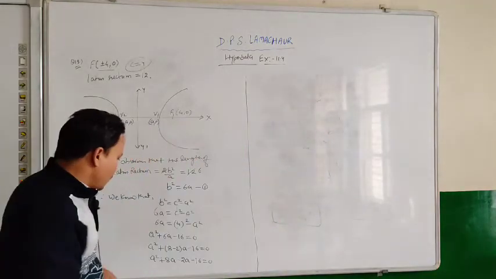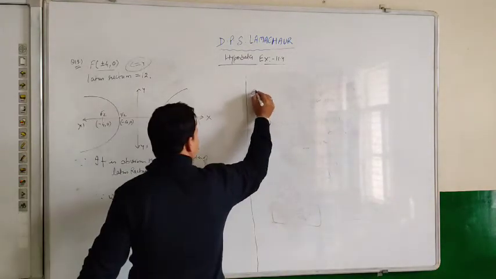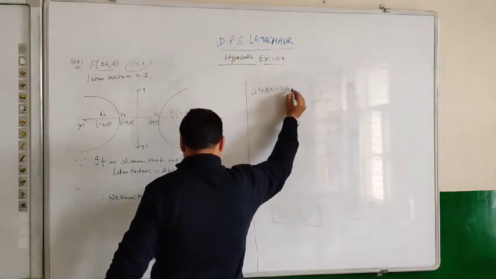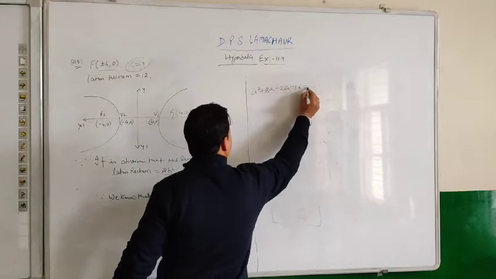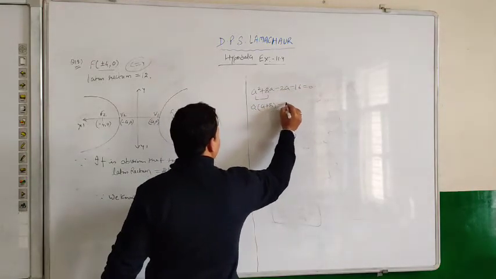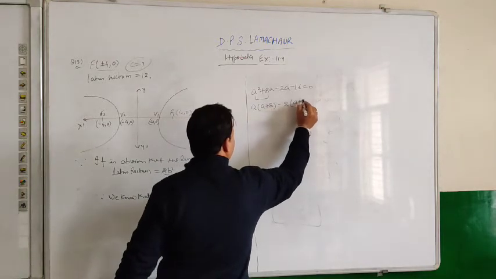So see here, on factorizing this, taking a common, we get a plus 8, and from here minus 2 taking common, we get a plus 8 is equal to 0.